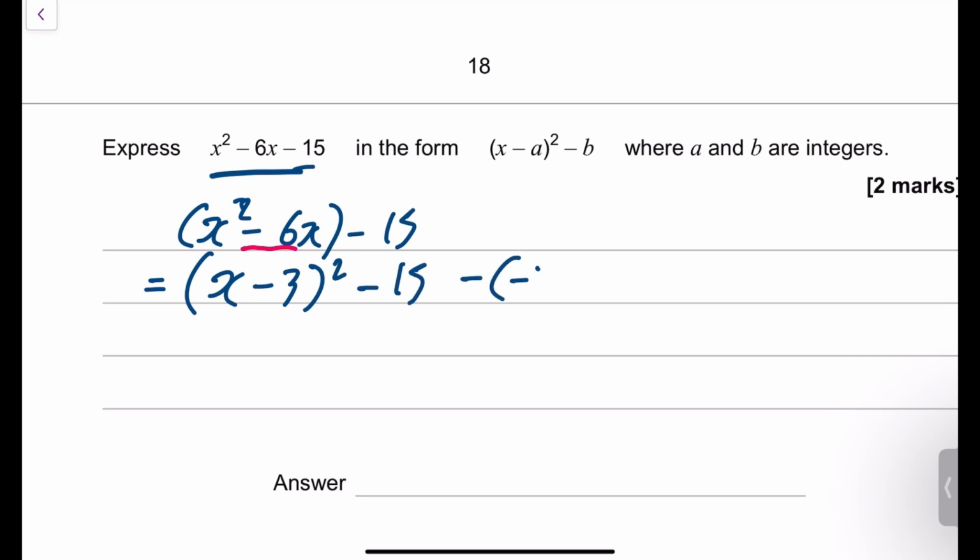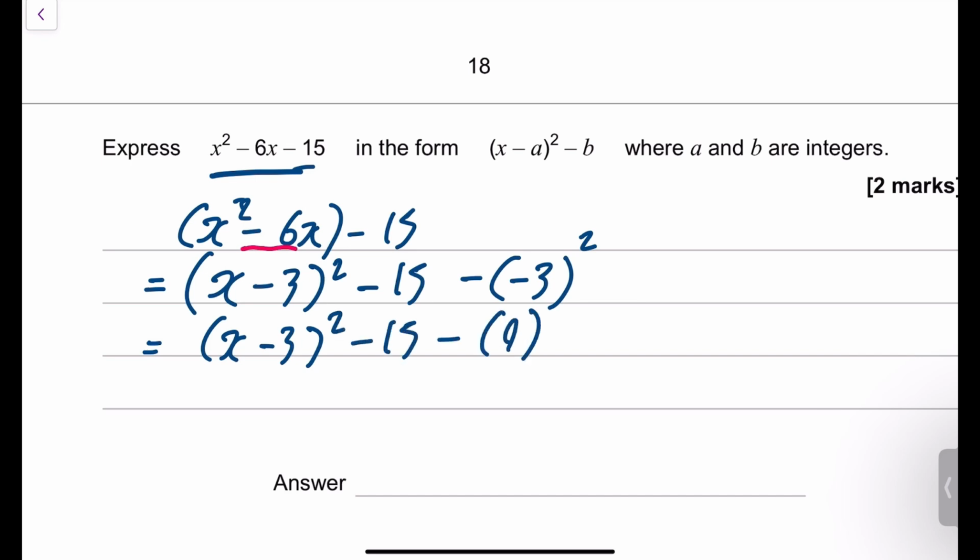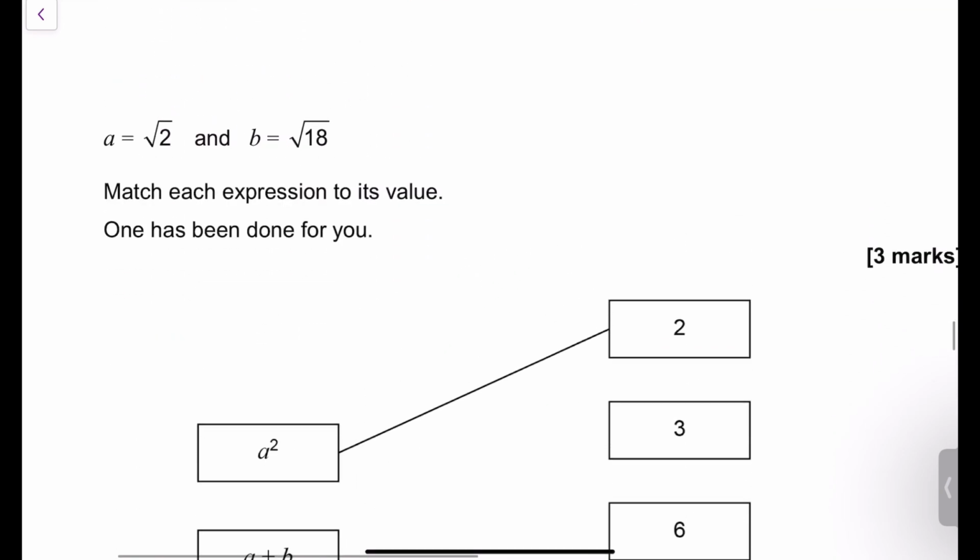But then you must take away the square of that half. Okay, so let's just sort that mess out. That's x minus 3 squared minus 15 minus 9. Sort it out again, that's x minus 3 squared minus 24. And there we go.